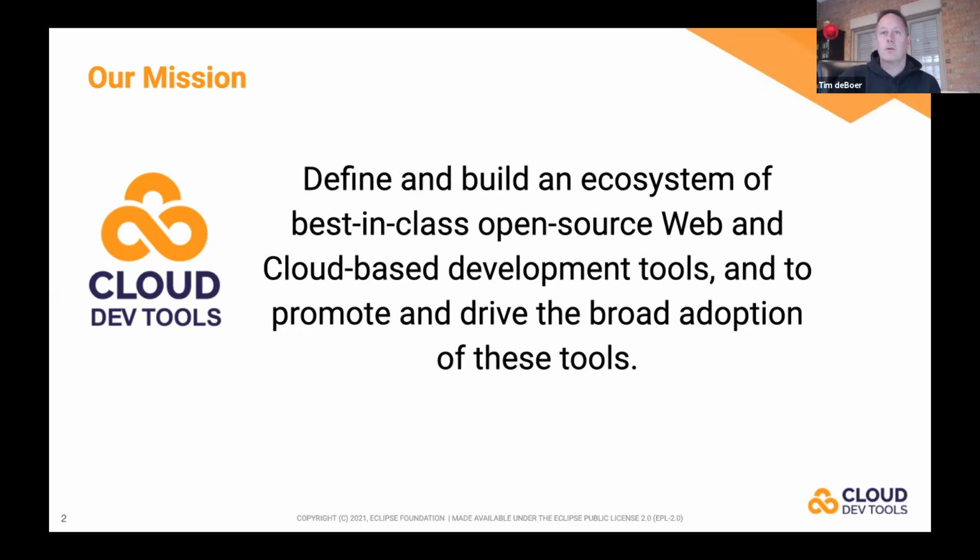So we have a working group at Eclipse with a number of member companies that we'll see in a minute. And really our goal is to step a level above the individual projects and help promote them, talk about what we can do as a community to get these tools out there, and encourage adoption and participation of them. Next slide.